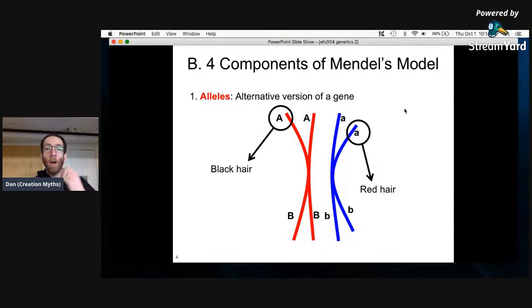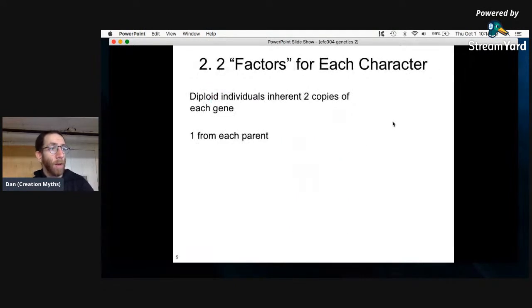So Mendel said there are variants for the genes that determine what traits are present. We also have 2 factors for each character, 2 heritable factors. Basically, within each individual, you have 2 genes for each trait, or 2 genes at each locus, depending on how you want to say it. In other words, Mendel came up with the idea that we are diploid.